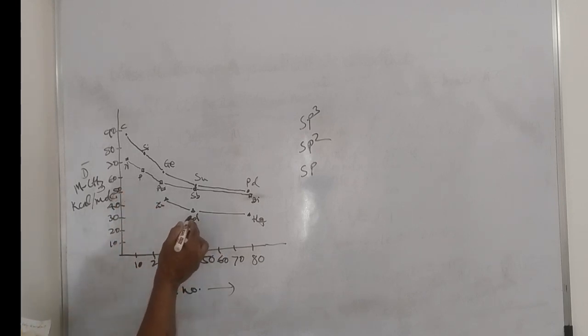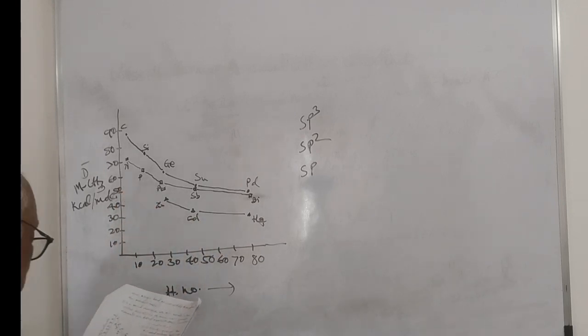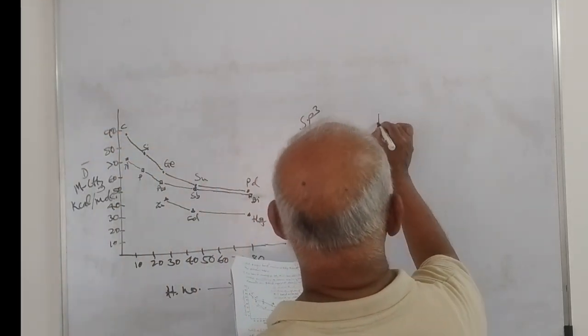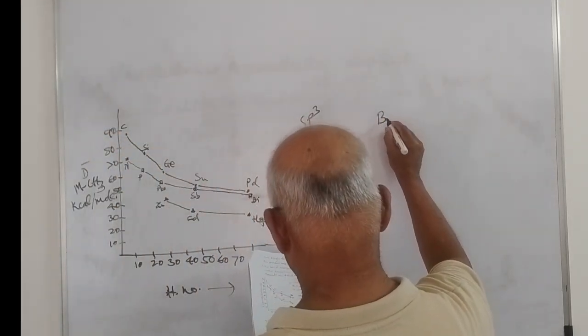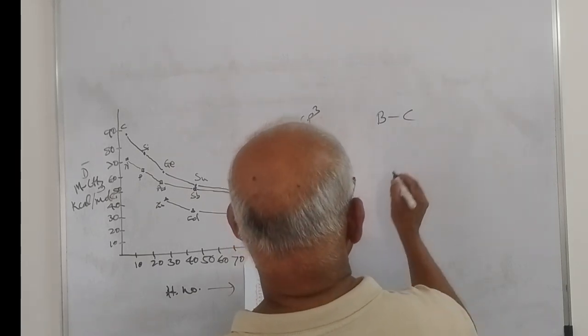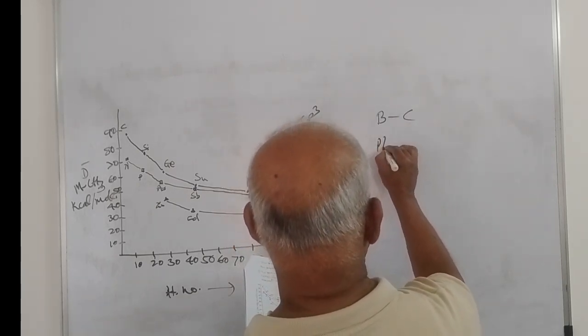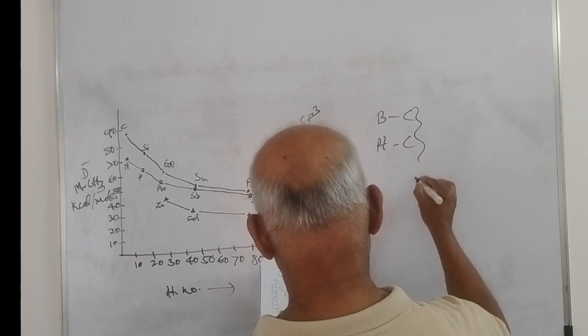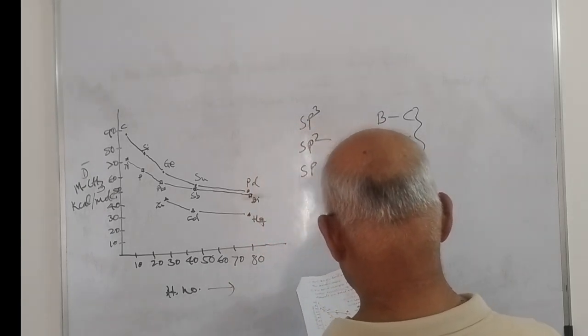If we see bonds like boron-carbon and platinum-carbon, these bonds are strong.